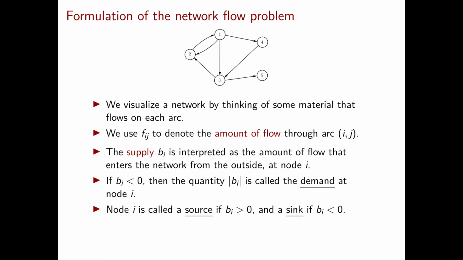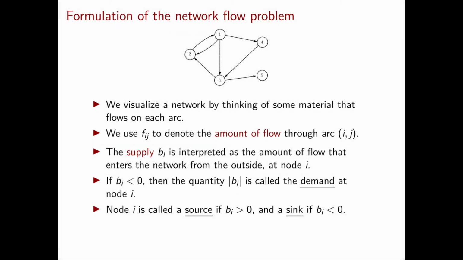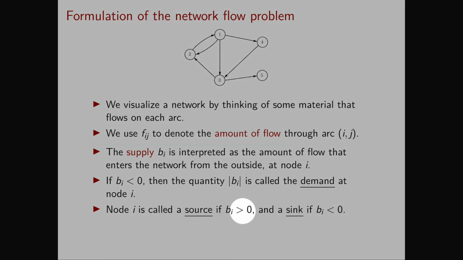In other words, we have a positive amount of flow that exits the network to the outside. This is why, in this case, the absolute value of B_i is called the demand at node i. Accordingly, a node i is called a source if B_i is positive and a sink if B_i is negative.